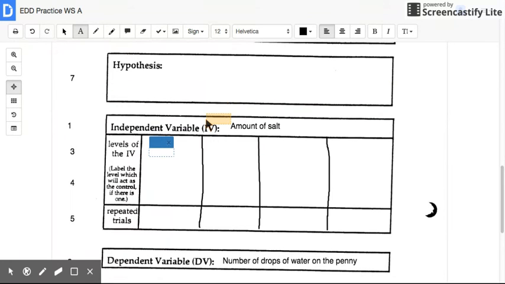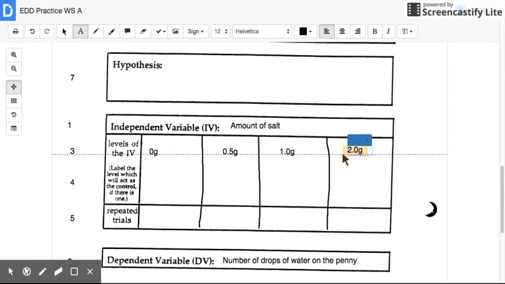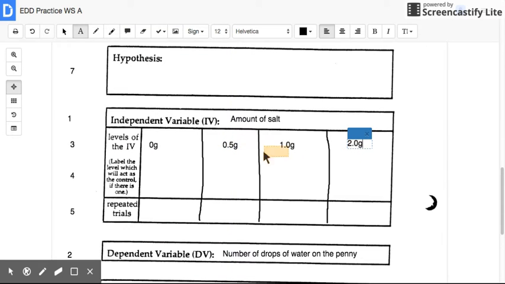So that means there are 4 different levels of the IV. The very first one is 0 grams. Then we have the 0.5 gram, the 1.0 gram, and the 2.0 gram. So these are all, notice, amounts of salt that were put into the water and how many levels of those were there.